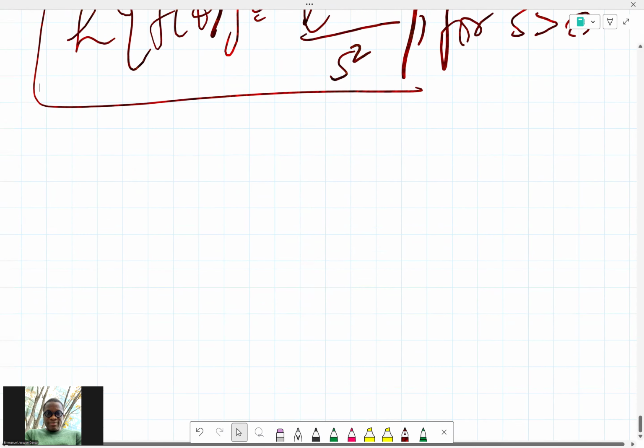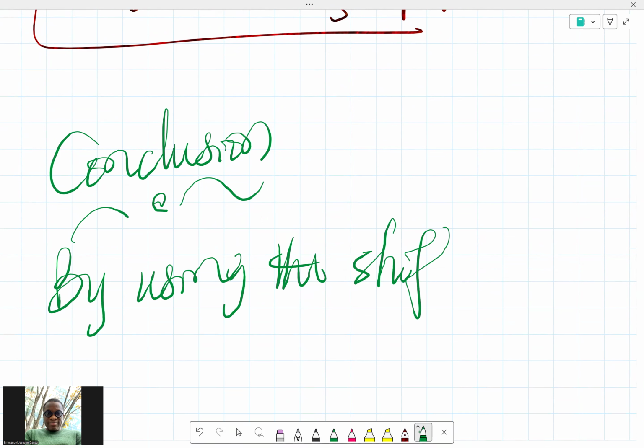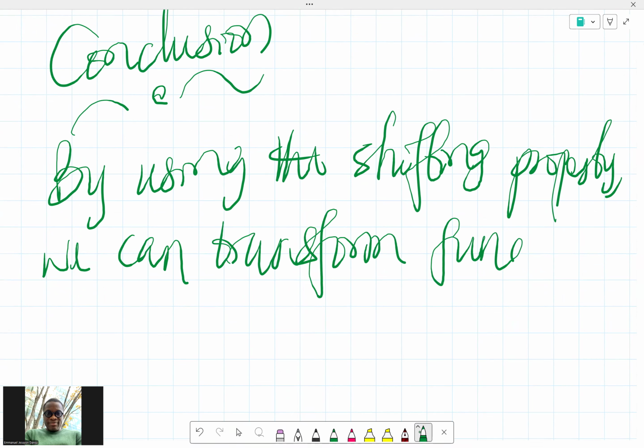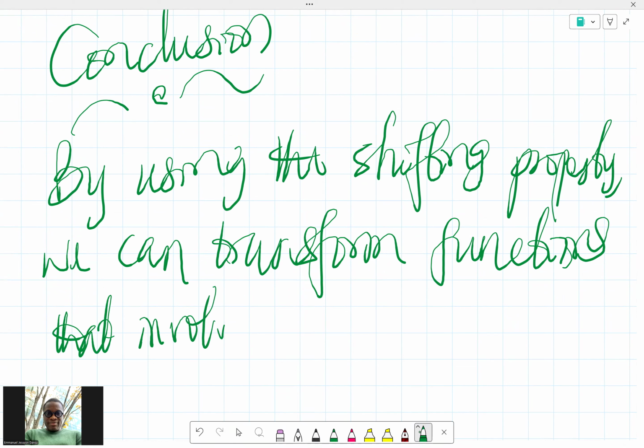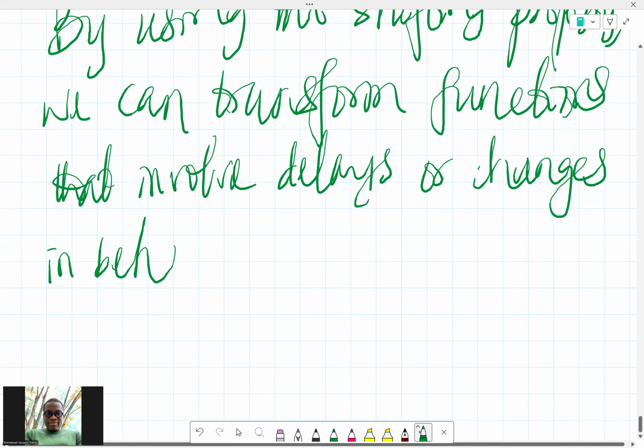Okay, let me write this last line as the conclusion: by using the shifting property, we can transform functions that involve delays or changes in behavior at specific times.